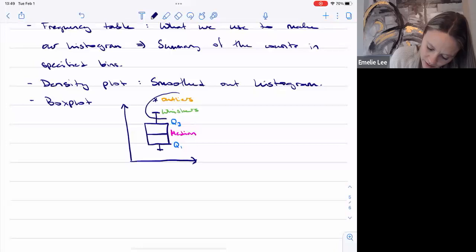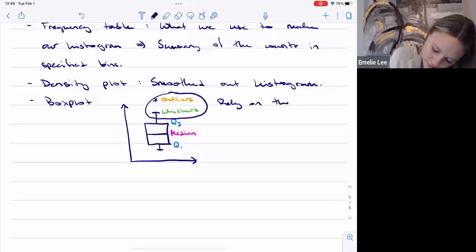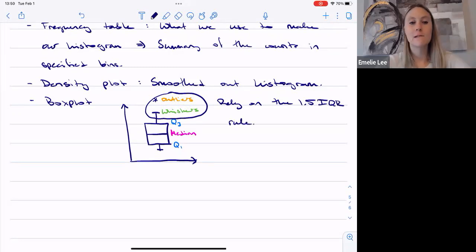The outliers and the whiskers rely on the 1.5 IQR rule, and I'm all out of time, so you'll have to brush up on that on your own. But R uses the 1.5 IQR rule, and it is the most common one that we use. But you might find software where it uses 2 times the interquartile range, but they typically rely on the interquartile range.